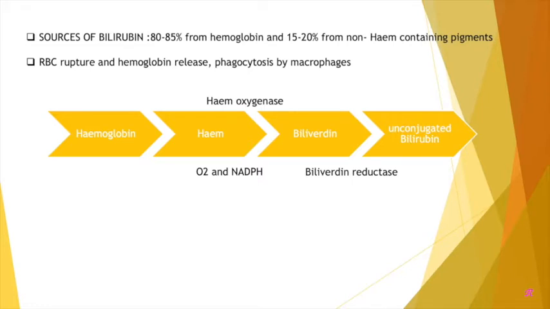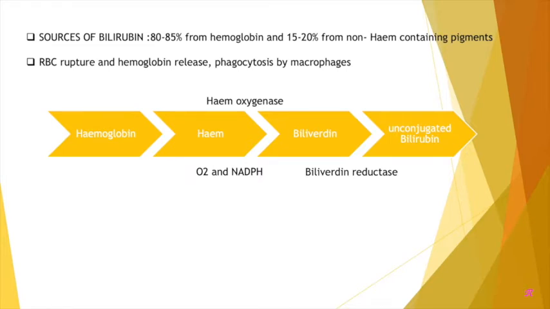Hemoglobin gets converted into heme, and heme gets converted into biliverdin. You have to note that it is biliverdin that is produced first and not bilirubin. The first product is biliverdin. Only after that is bilirubin produced. There are some enzymes helping in this process.